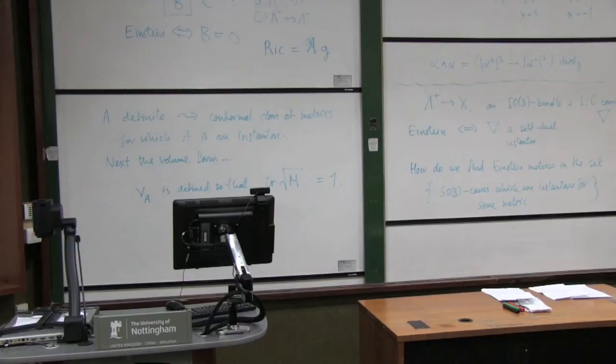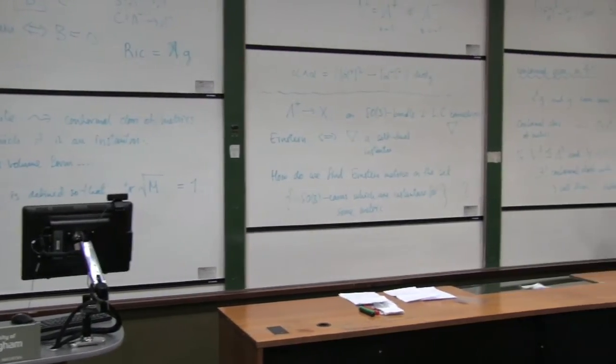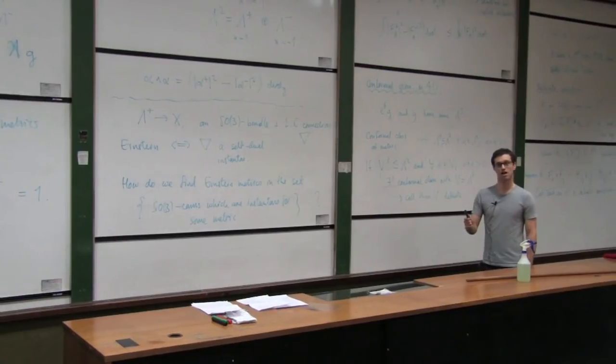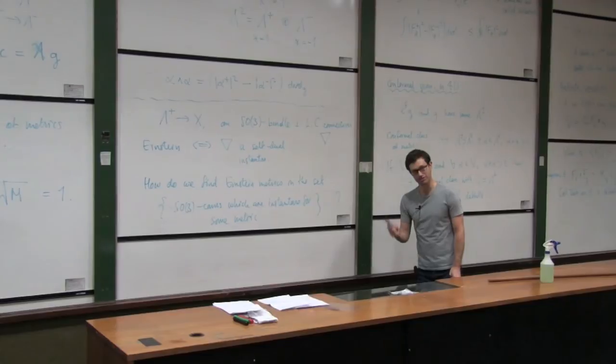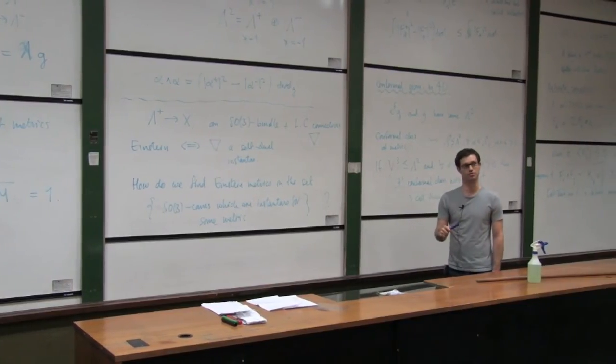Remember what we're trying to do. We're trying to find Einstein metrics by first of all writing down a connection, secondly realizing it as an instanton for some conformal class, and thirdly, we're going to hope that we can recognize it as the Levi-Civita connection of the metric that we wrote down.